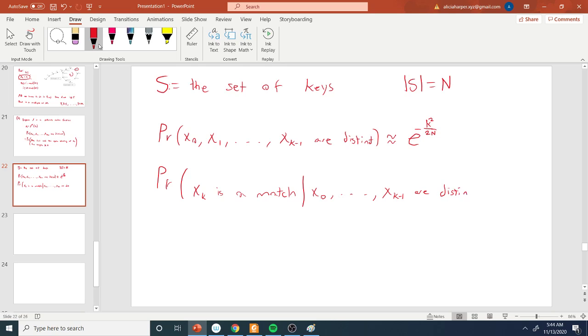So this is a bit different, because now what I'm asking is that everything from x0 to x sub k minus 1 are distinct, there's no repeats. But then when you get to the kth element in the list, you get a match.